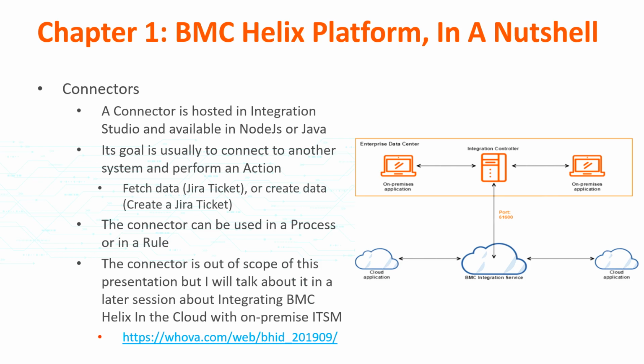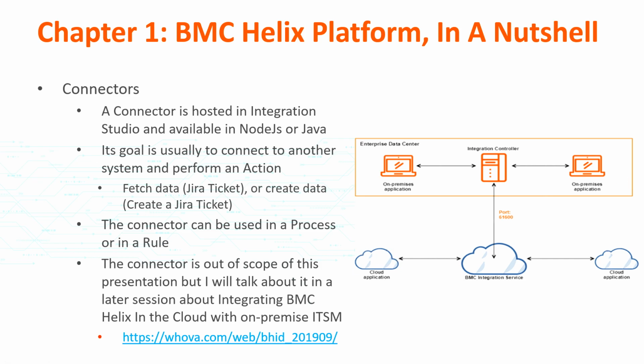instead of having the object inside one application and hosted inside the BMC Helix platform, so here's the cloud application, the code would reside inside another server. So here's the integration controller. The reason why it would be interesting to do that is, let's say that this block is on premise, on your network, and the BMC Helix platform is on the cloud.